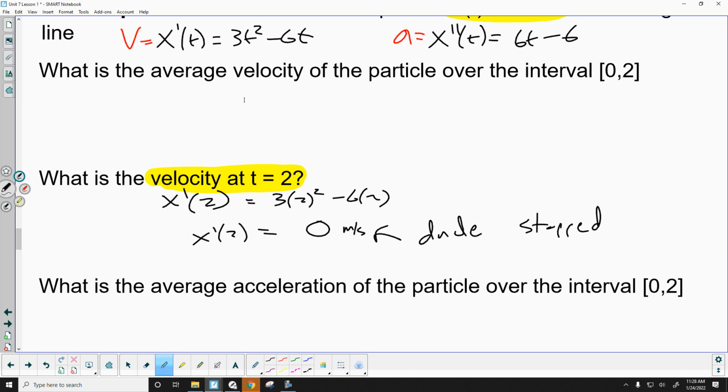It's very important to realize it's still a slope. Average v would be an average rate of change of x. And average a would be an average rate of change of v, not an instantaneous rate of change. So remember, with average rate of change, slope of the secant, slope formula.